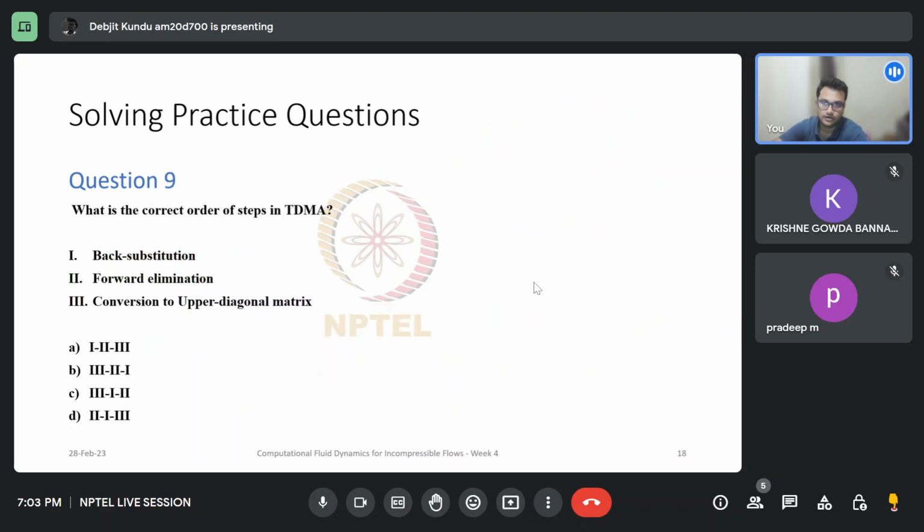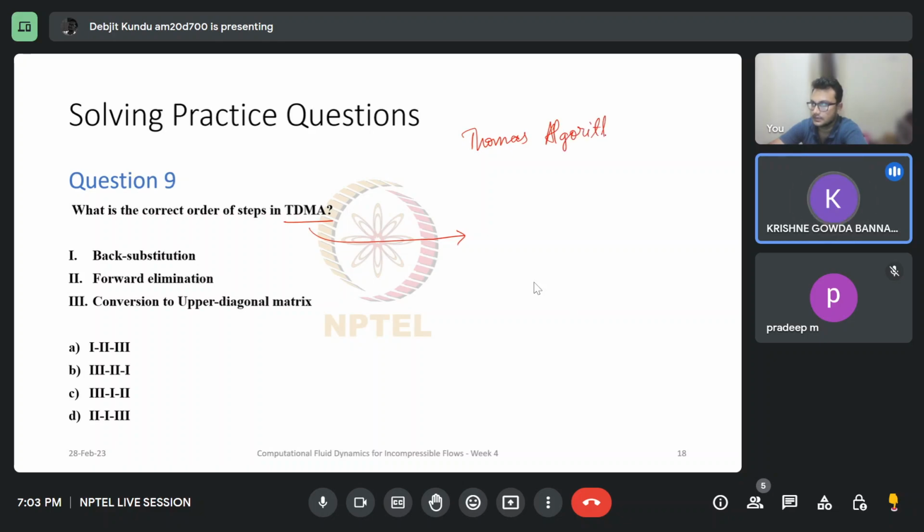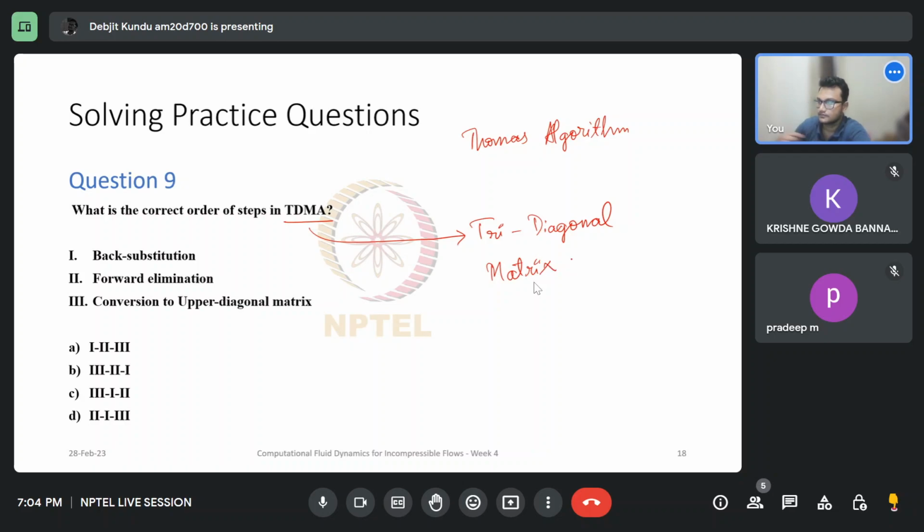What is the correct order of steps in TDMA? Okay, so first of all, what is TDMA? Anyone? TDMA, also known as tridiagonal matrix, Thomas algorithm. Correct. So it is tridiagonal matrix algorithm.